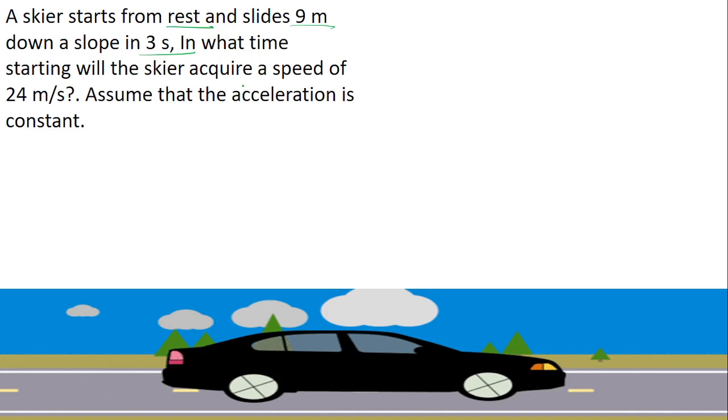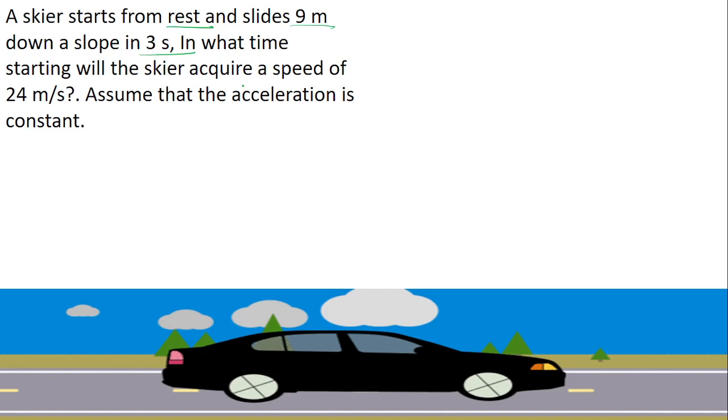In this case, you need to understand that this skier starts from rest and slides 9 meters. So we can say the initial velocity is simply equal to 0 meters per second.